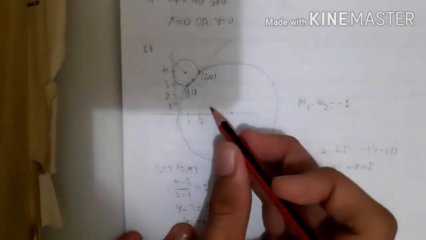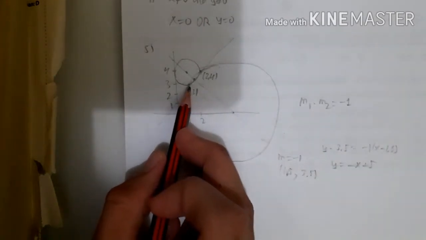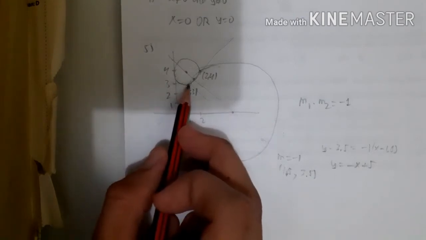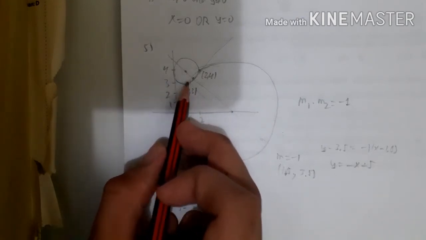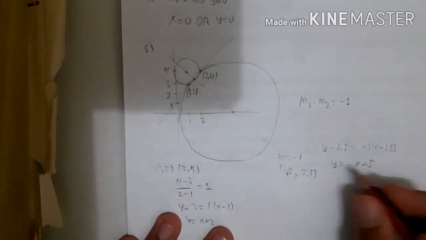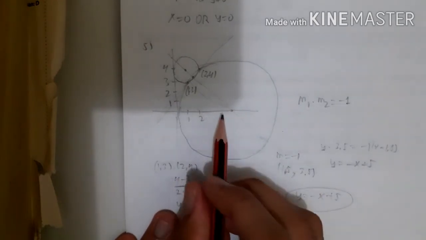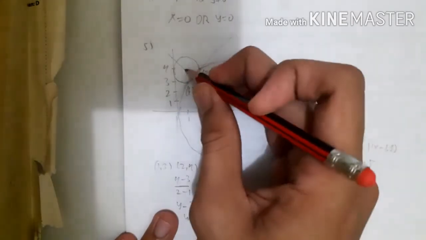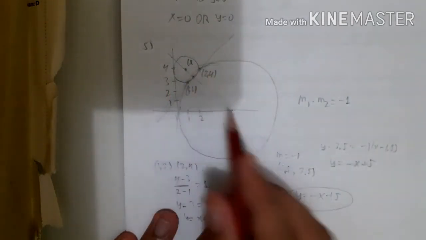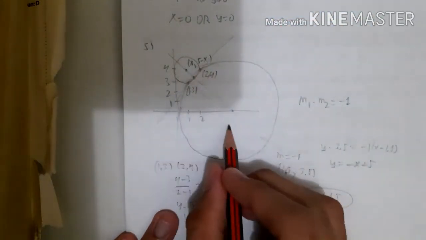The way to make it understandable is that the distance from (1,3) to the center of the circle is the radius. So if we use the second equation, y equals minus x plus 5, and let this be the x coordinate, the y coordinate will be 5 minus x, right? The same goes here.